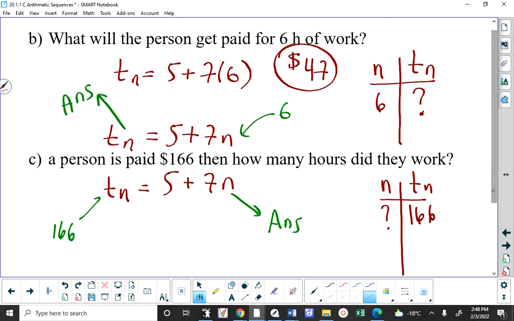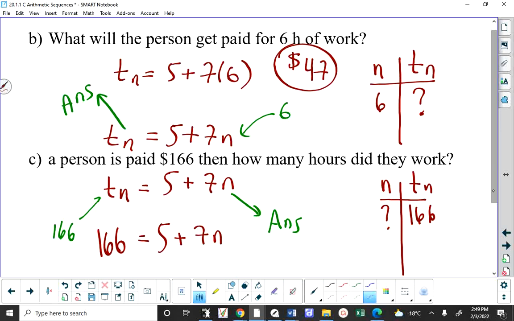And for C, we have 166 equals 5 plus 7n. I think my horse might lose interest in this problem because it involves rearranging, but you have to subtract 5 from both sides and divide by 7. And I want to say you're going to get 161 over 7. I couldn't tell you.